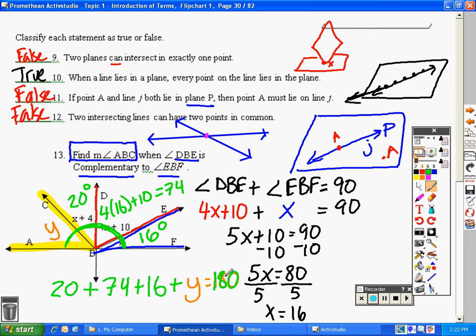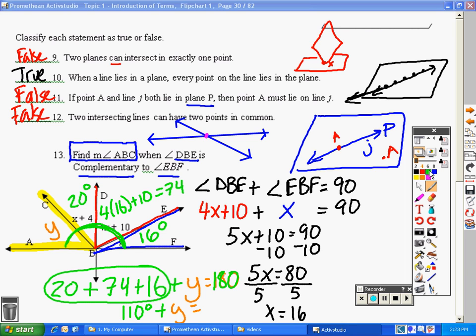All right, solving this, I'm going to add up all these numbers. 20 and 74 and 16 add up to 110, plus y equals 180. Which tells me that y has to be 70. So this is the answer to my question.